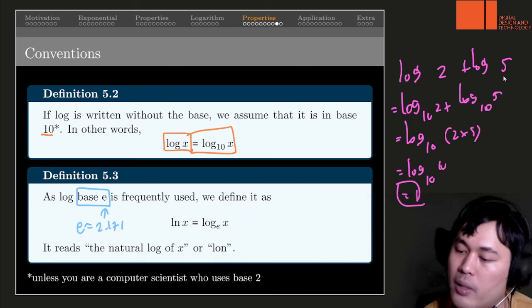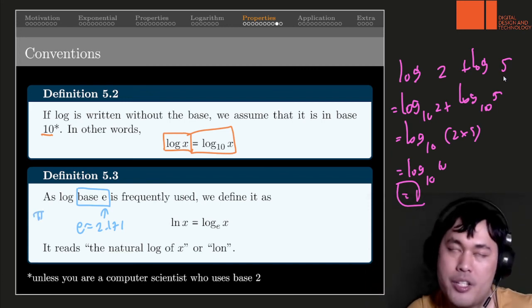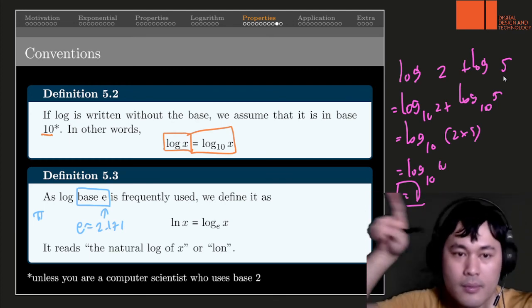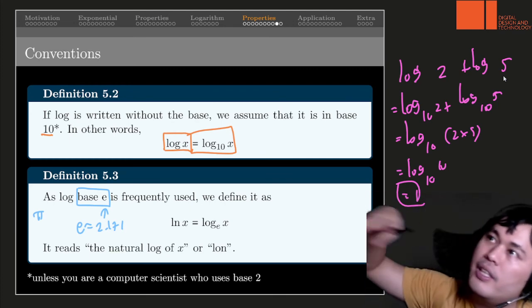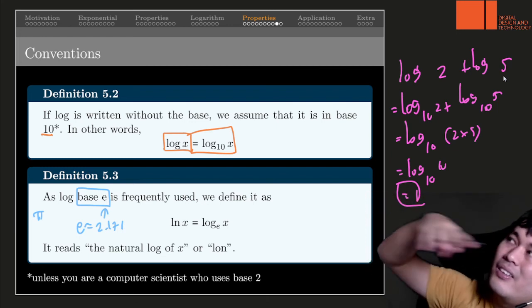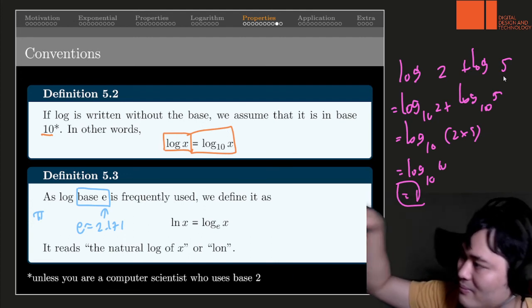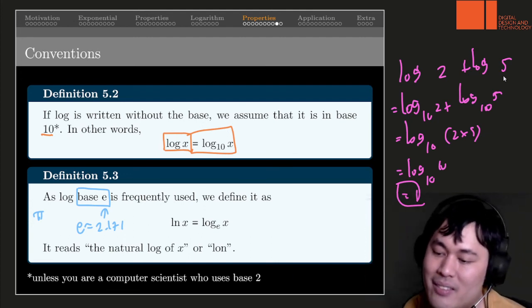It's about 2.17, just like pi. Pi is defined as the ratio between the circumference of a circle to the line, 2 times the radius.